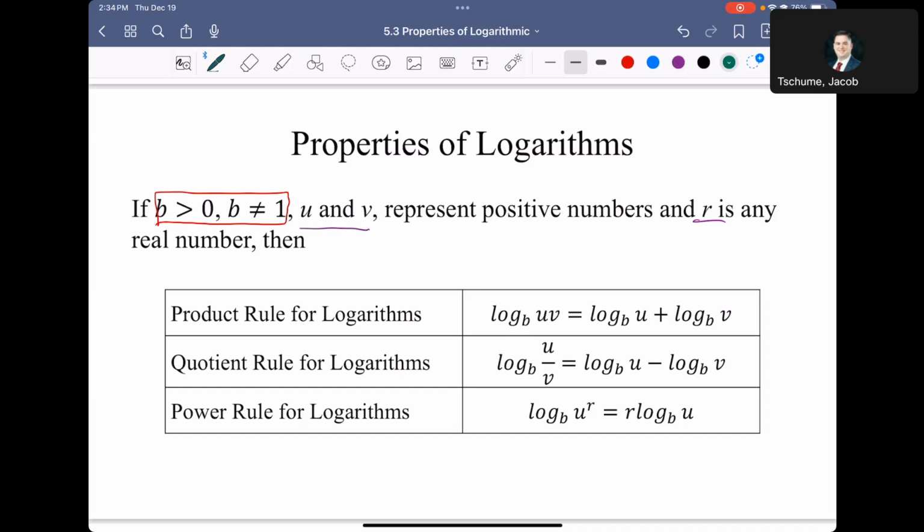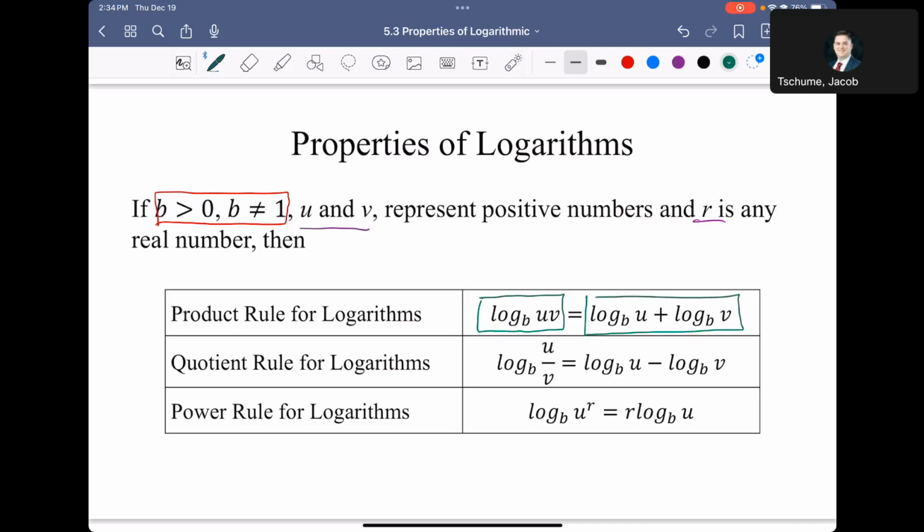The first one is called the product rule. What the product rule for logarithms says is if you have a logarithm where there are two things being multiplied together, we can break those apart into two separate logarithms as long as you use addition between them.